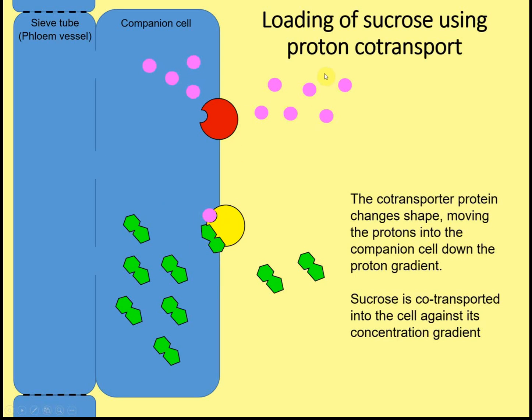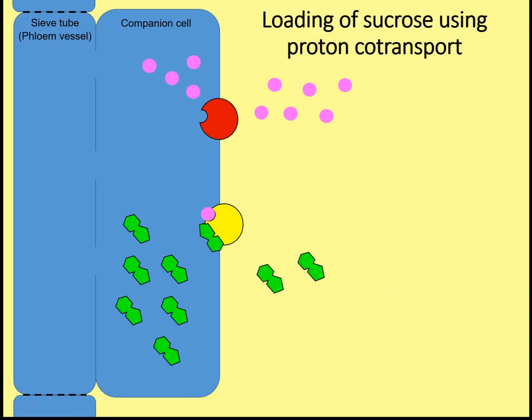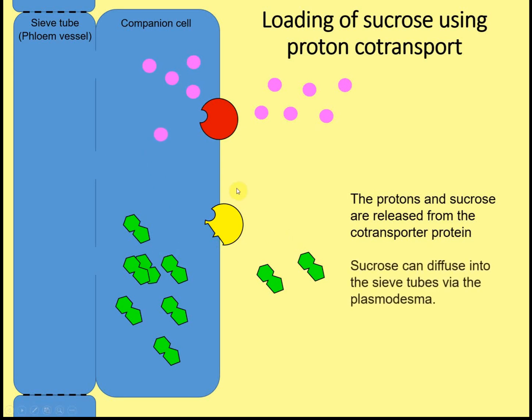It's basically using the energy built up in the proton gradient to allow the sucrose to be taken in against its concentration gradient. Once it's changed shape, protons are released and the sucrose is also released from the co-transporter, which will change back and pick up more protons and more sucrose, and the sucrose can diffuse into the phloem via the plasmodesma.